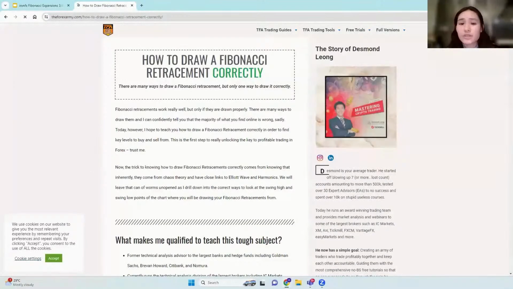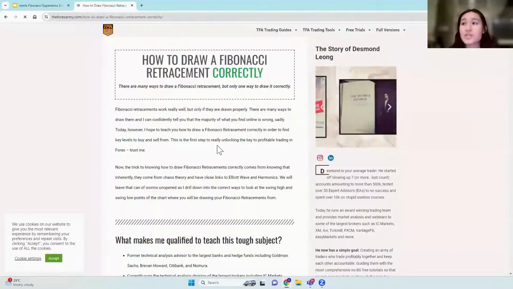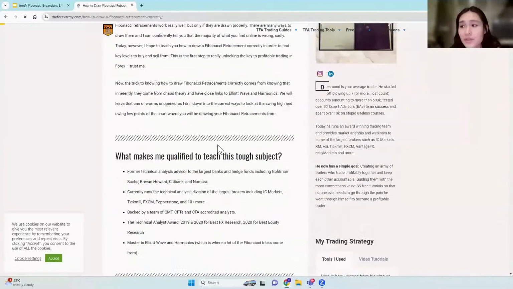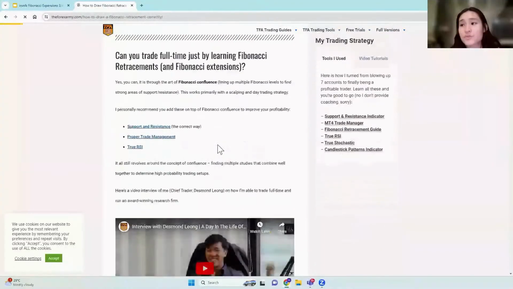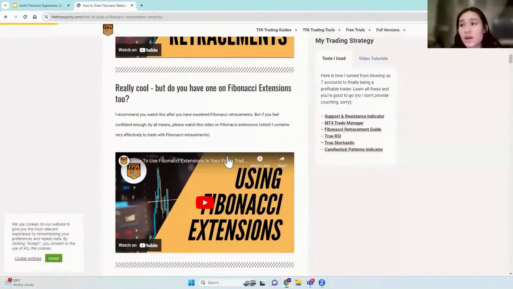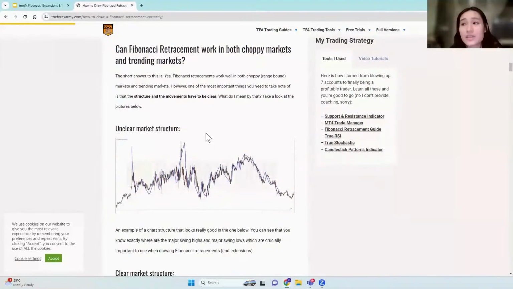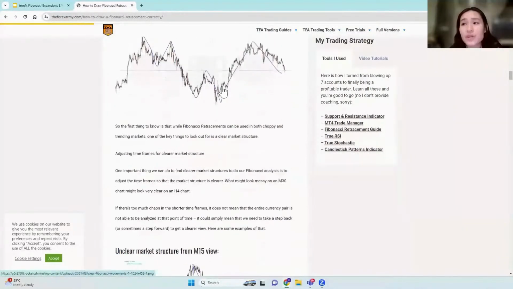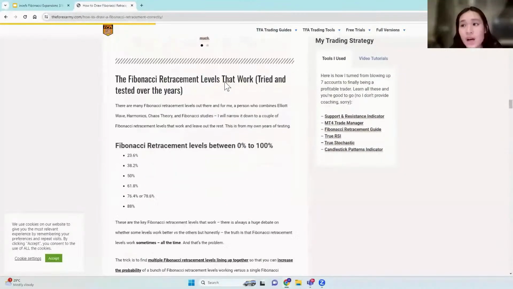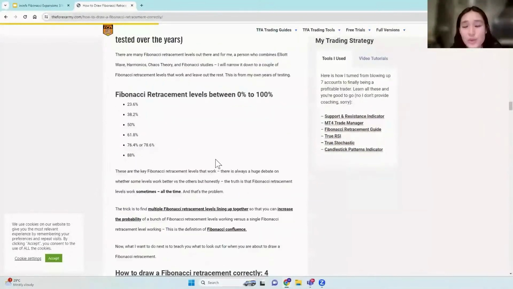Okay, so you can go on to forexarmy.com and it teaches you how to draw the Fibonacci retracement correctly. There's a video as well on each of the techniques, and you can look at what to look out for. Basically everything that I'm going through today, you can also find on this website.